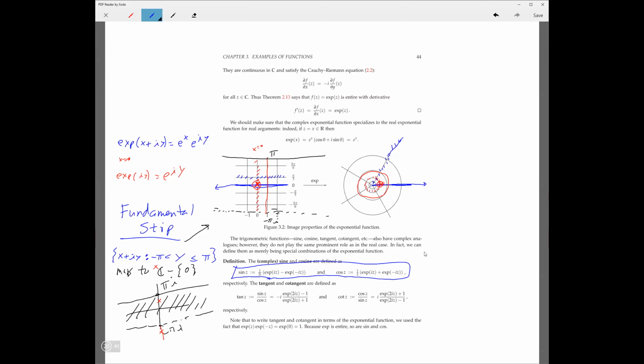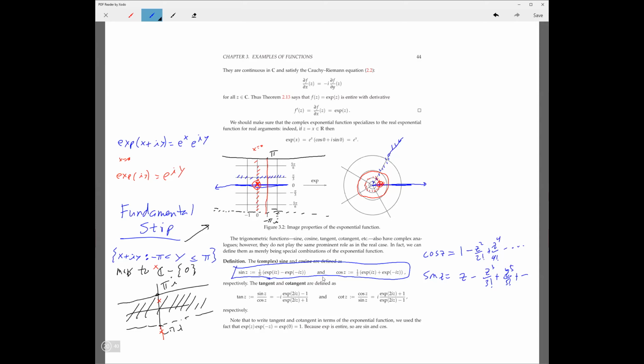Okay, now again, some textbooks, or every other textbook I've seen, I haven't seen very many textbooks, they'll define cosine to be 1 minus z squared over 2 factorial plus z fourth over 4 factorial minus and so on. And they'll define sine z to be z minus z cubed over 3 factorial plus z to the 5th over 5 factorial, and so on.